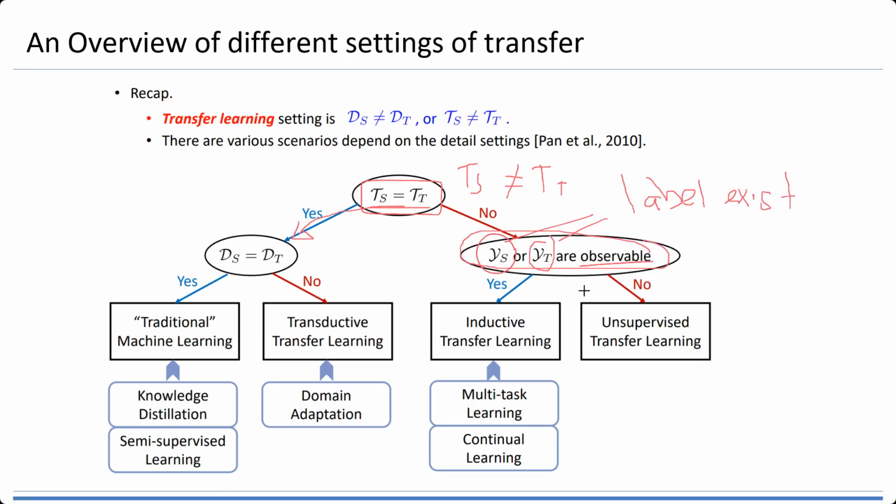If the label exists, then we can use the inductive transfer learning. There are some tasks like what we saw before. We can have multitask learning. We can do the continual learning. But if the data has no label, or is unlabeled, then we can apply the unsupervised transfer learning.